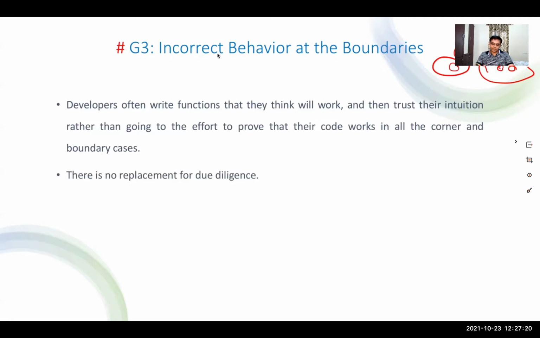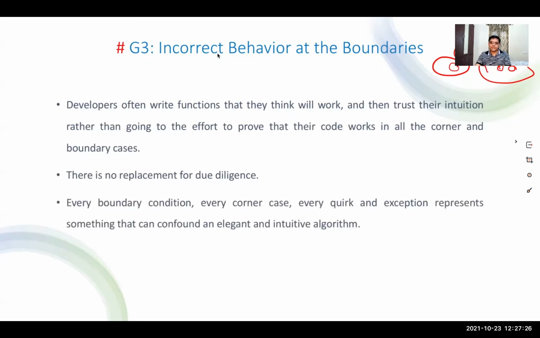So there is no replacement for due diligence. You have to be very, very clear on that. You have to test it, and make sure that every boundary case, every corner case, every exception is tested. Don't assume that it will work. You have to write a test for that particular case.